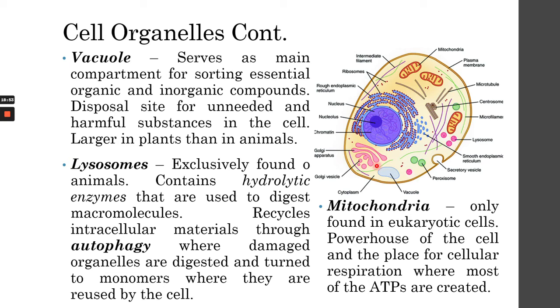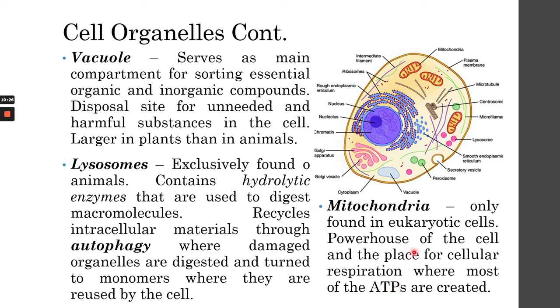Next, you might be familiar, mitochondria. So this is an example of mitochondria right here. And as we know, this is the powerhouse of the cell. When we say powerhouse, it's because it's the one responsible for creating a lot of ATPs. So ATPs are the energy needed by the cell to continue functioning. Ito yung energy na ginagamit natin in order for us to still be alive.